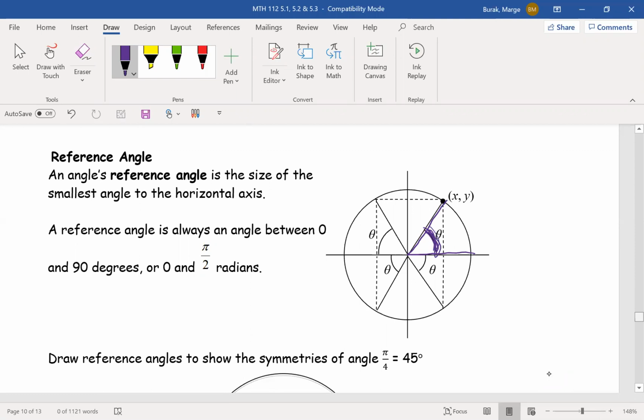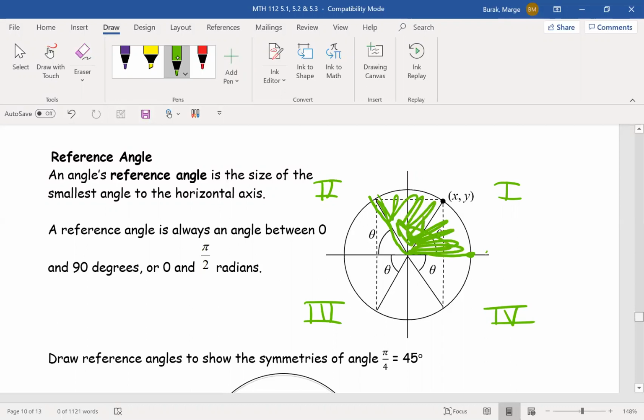If you're in quadrant 2, look at this angle here. We start at 0 and we go out here to quadrant 2. By the way, this is quadrant 1, this is quadrant 2, quadrant 3, and quadrant 4. If we go all the way out here, this is the angle I'm talking about, all that space. The reference angle is just the smallest angle right here.